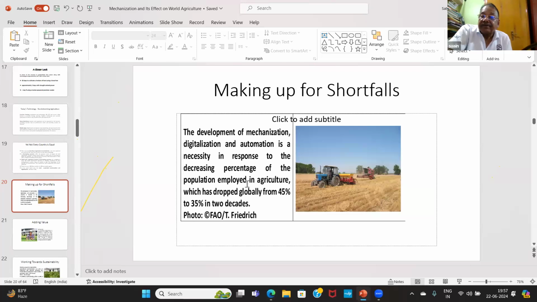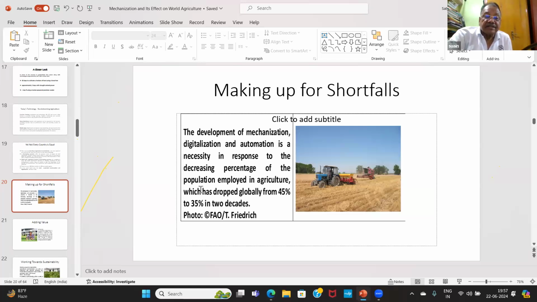They were coming to our fields and working and getting their remunerations. But nowadays it is not available. Somebody entering high school cannot go to agriculture. He cannot do any agricultural operation. So that is why there is a shortage of manpower.